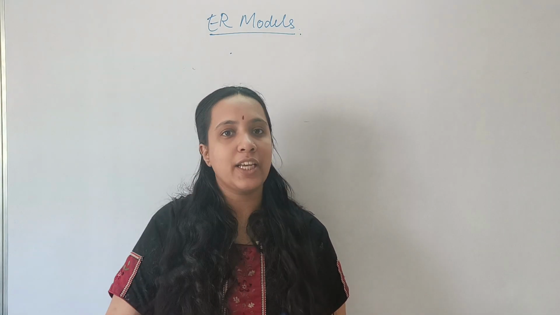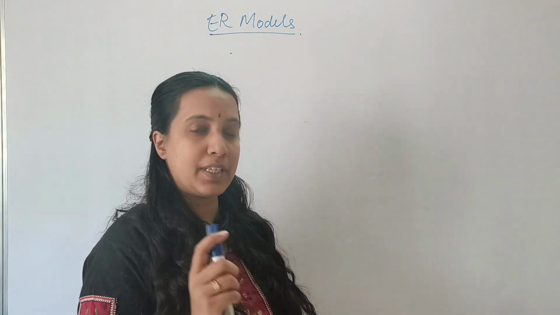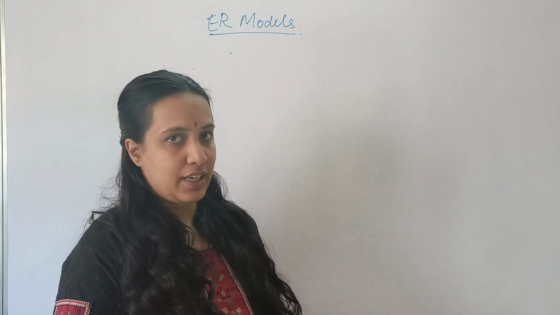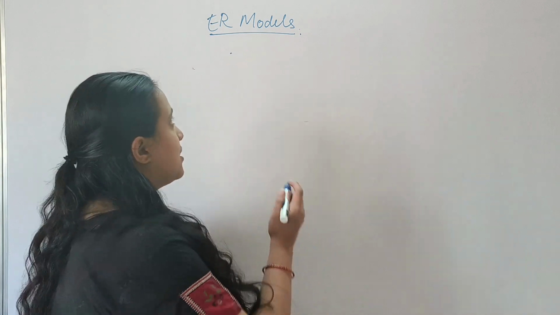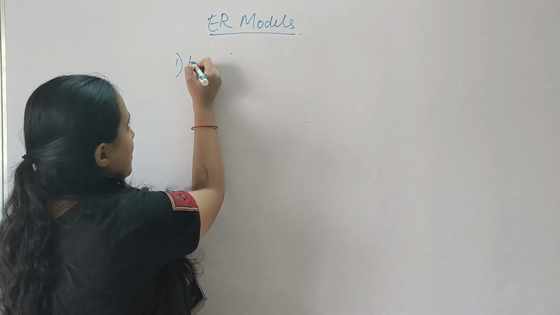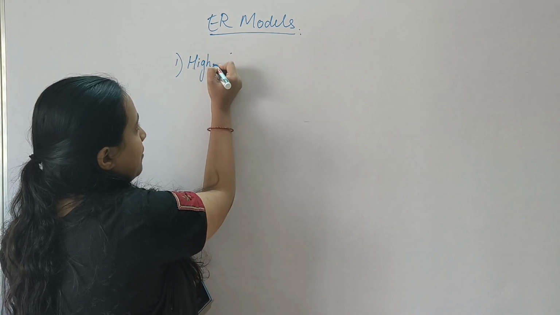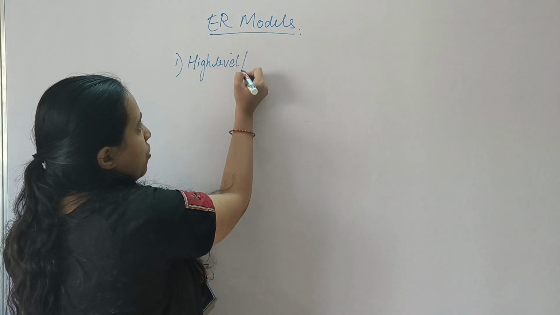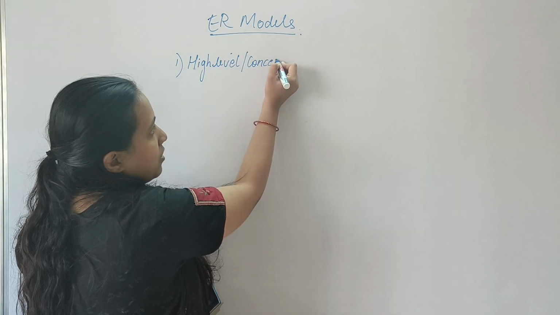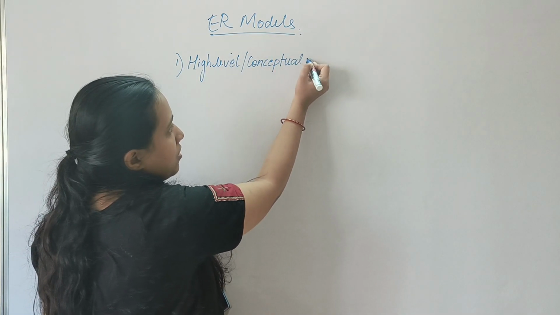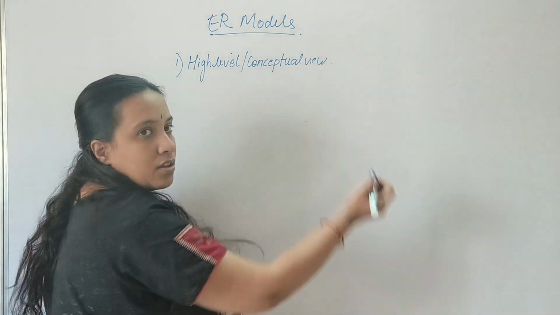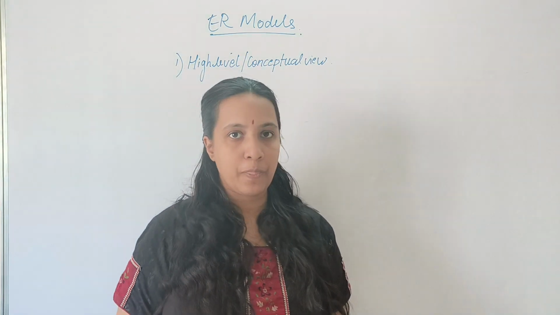So there are three types of models that represent the data stored in the database. The first type of model is the high level model or conceptual view.